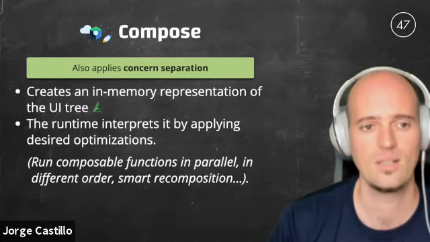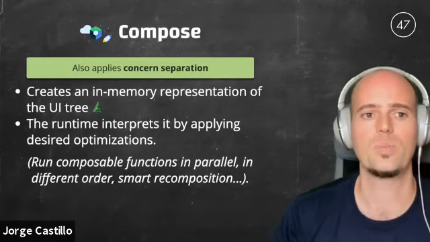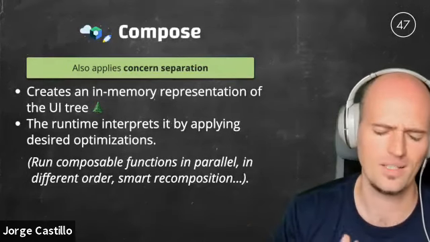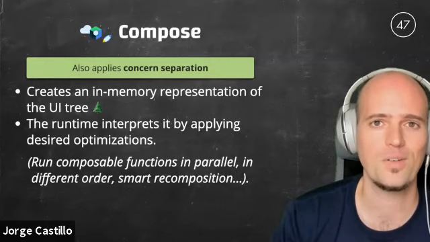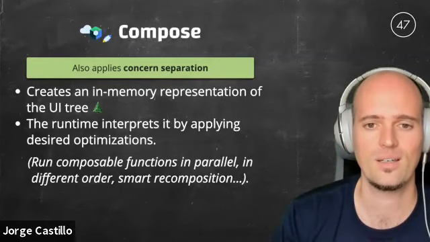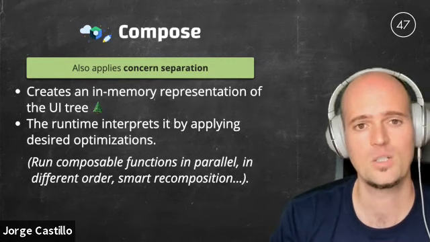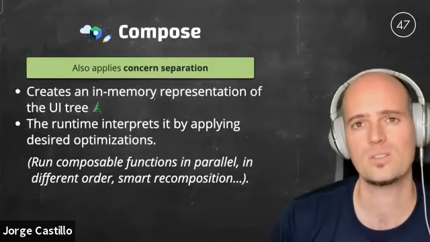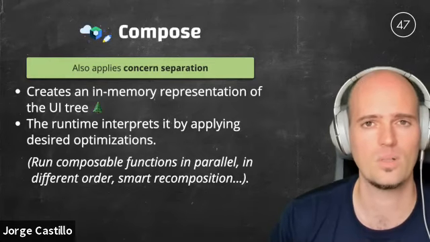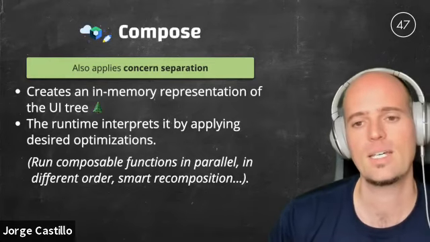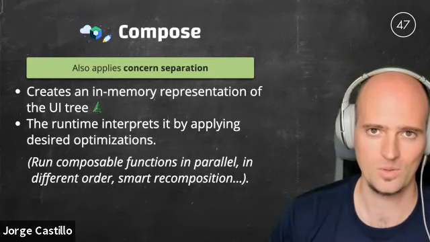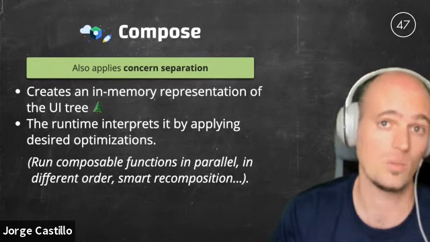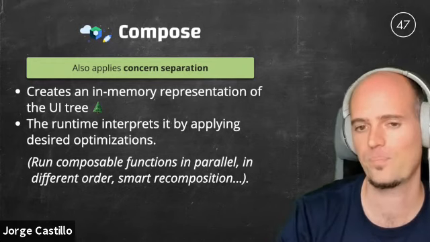And as you probably already know, if you've been keeping an eye on Compose, there is a runtime dependency that you can fetch and use for providing a runtime for Android, basically. So it's this idea of concern separation, where you use the composable functions to create this description of how our app is going to look. But then those need a runtime to actually run them and to integrate this in-memory UI tree with our platform, in this case, Android.